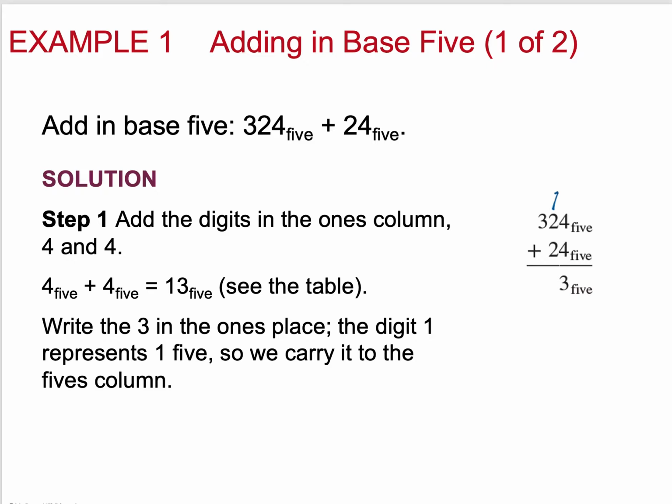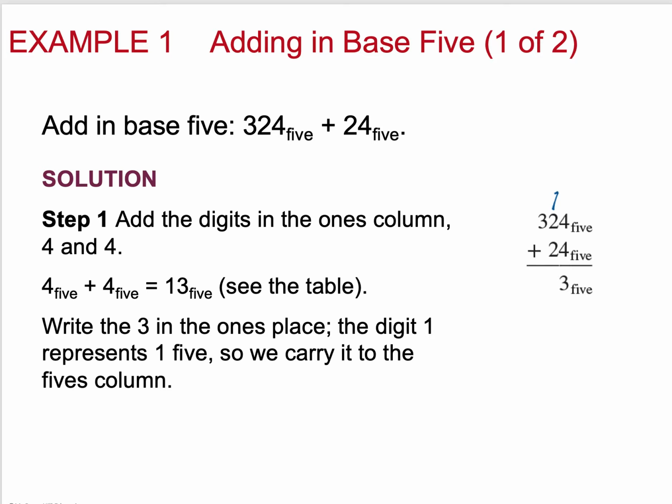So let's look at an example. If I want to add 324 plus 24 all in base 5, I'm going to add the digits in one column. So if I have 4 plus 4, that's going to be 8, which is one 5 with a remainder of 3. So I put my remainder underneath and I have to carry that one 5.